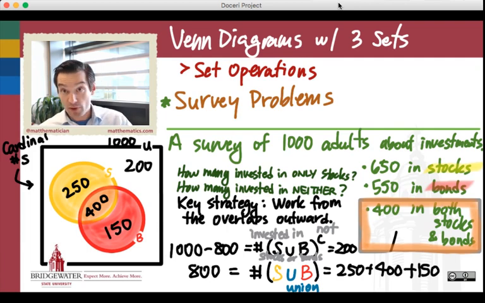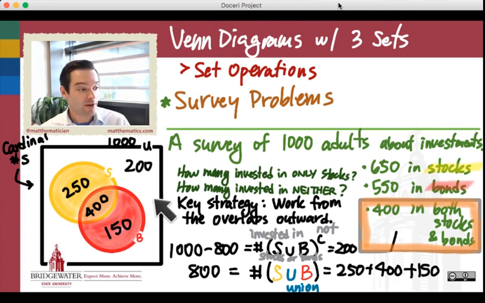So at this point in a survey problem, because we've labeled every single mutually exclusive region in my Venn diagram, and in any Venn diagram with two sets, there's always four regions to label, right? There's the intersection of the two sets, there's what's called the symmetric difference of the sets, so those elements which belong to one set but not the other, so that's this yellow region and this red region.